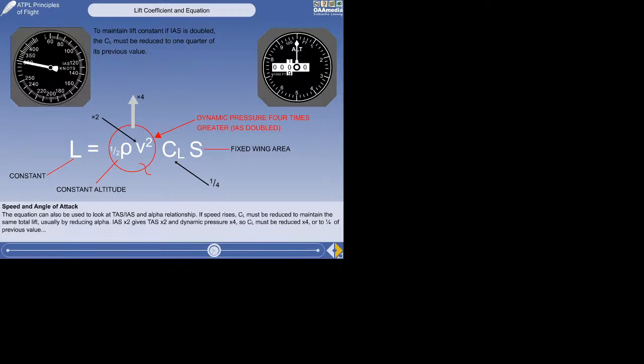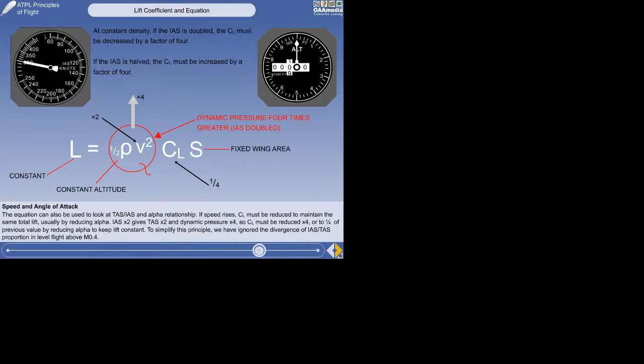In other words, to 1/4 of its previous value, by reducing the angle of attack appropriately to keep the aircraft at a constant height. To make this principle easy to understand, we can say that TAS will change in proportion to IAS at a constant altitude. This is, however, not true of speeds above Mach 0.4.